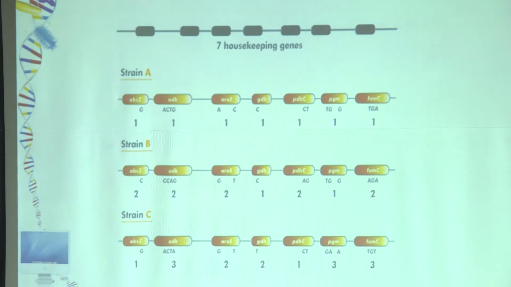Is this clear to all of you? Now, if you stitch all the 7 genes together, the first strain is characterized as 1, 1, 1, 1, 1. If you move on to the second strain, it is 2, 2, 2, again 1, 2, 1, 2. If you move on to the third, again 1, 3, 2, 2, 1, 3, 3.